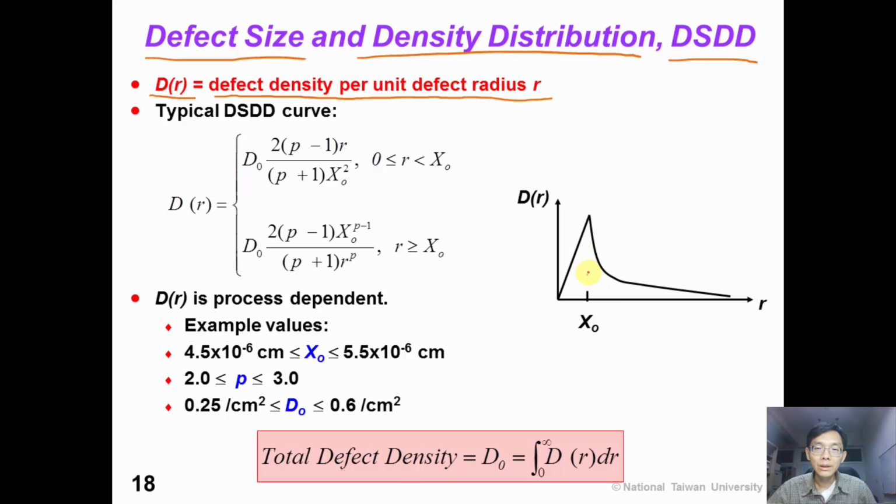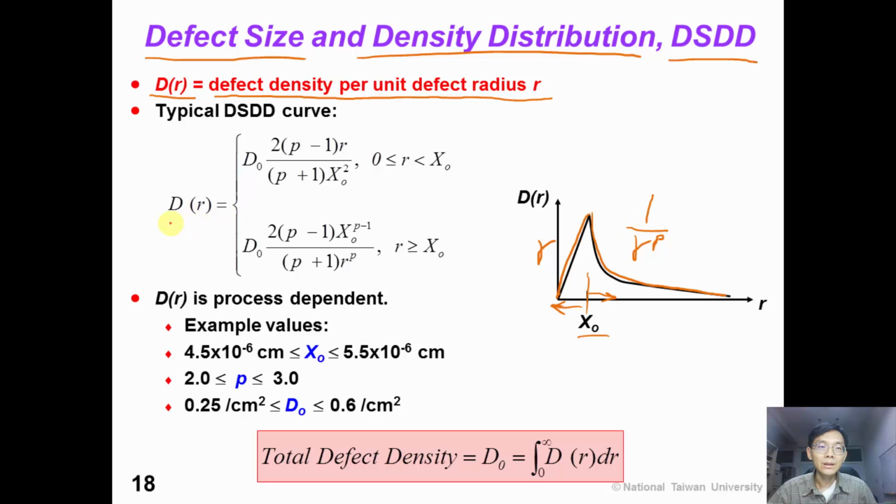When the defect radius is smaller than the threshold x0, we would expect a linear growth. When the defect size is larger than the threshold x0, we expect an exponentially decay function.